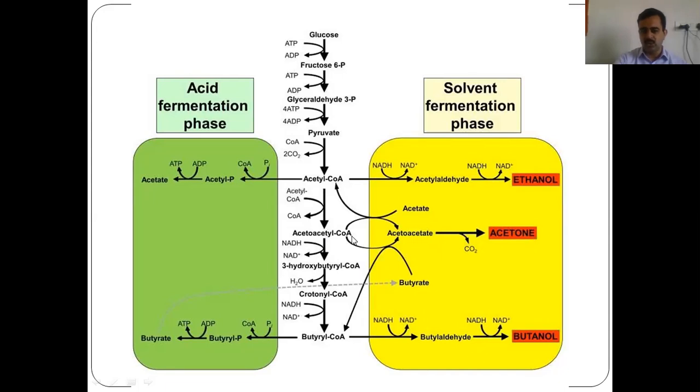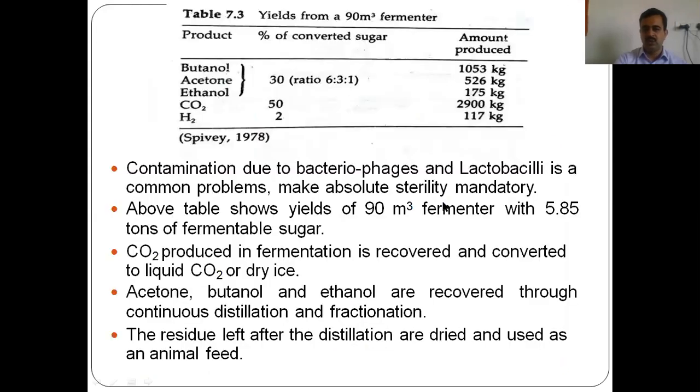This acetoacetyl coenzyme A gets converted to 3-hydroxybutyryl coenzyme A, crotonyl coenzyme A, butyryl coenzyme A, butyraldehyde, and ultimately butanol. So ultimately from butyraldehyde, the butanol formation occurs. This is the acid phase and this is the solvent phase of the reactions. Contamination due to bacteriophages and lactobacilli is a common problem, so absolute sterility is mandatory.